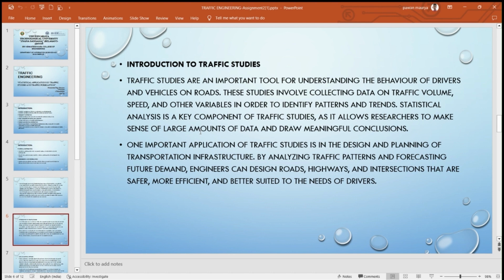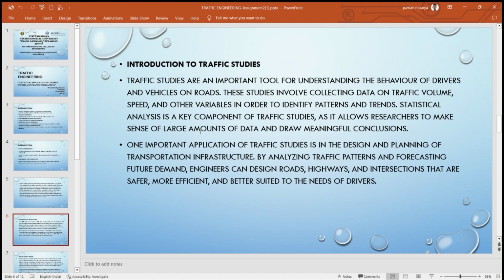Introduction to traffic studies. Traffic studies are an important tool for understanding the behavior of drivers and vehicles on the road. These studies involve collecting data on traffic volume, speed, and other variables in order to identify patterns and trends. Statistical analysis is a key component of traffic studies as it allows researchers to make sense of a large amount of data and draw meaningful conclusions.